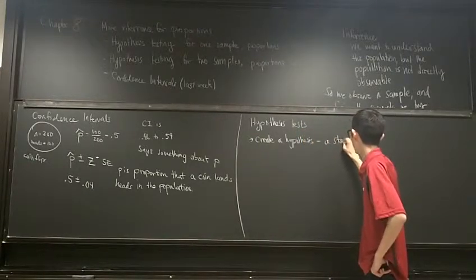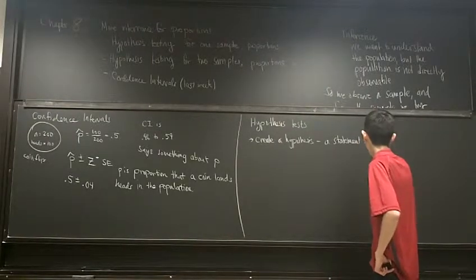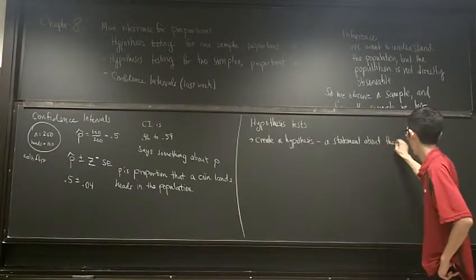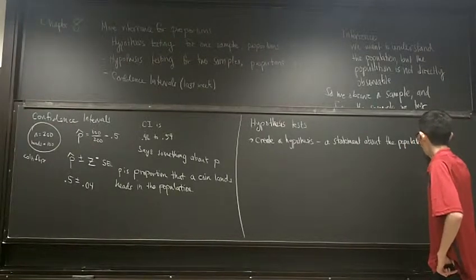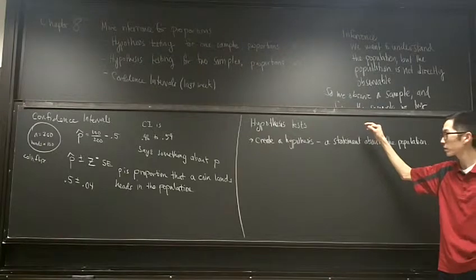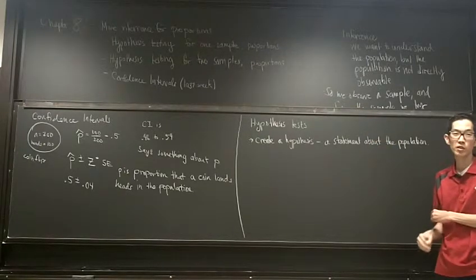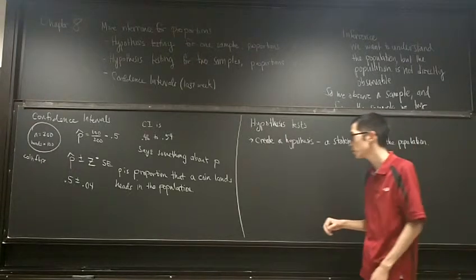In our case, it's going to be a statement about the population parameter P. In a hypothesis test, we first create a statement about the population, and then we observe our data, a sample.